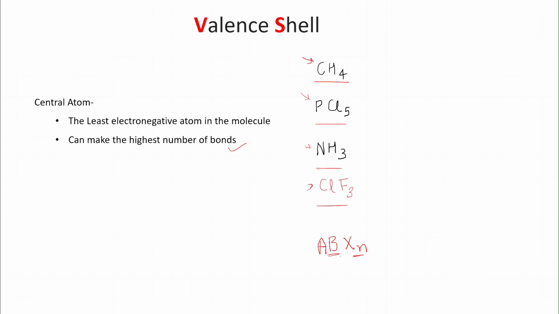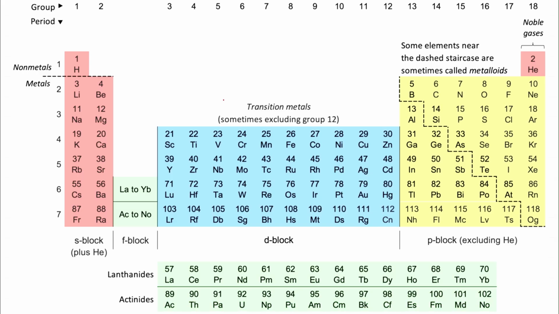If we have confusion in the first point, let's refresh our memory that electronegativity increases this way and this way. So if we have something like this, between this and this, iodine is the least electronegative, so that will be the central atom.